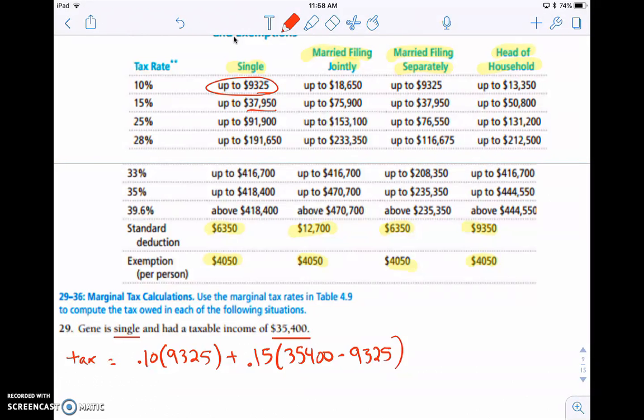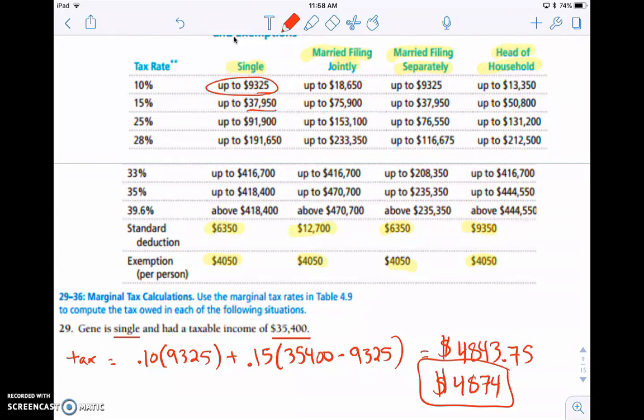So now if I compute all of this, I'll get $4,843.75. Now, most of the time, actually all the time, they are going to round to the nearest dollar for simplicity. So $4,844 would be your taxes owed for that year in that situation if you were Gene.